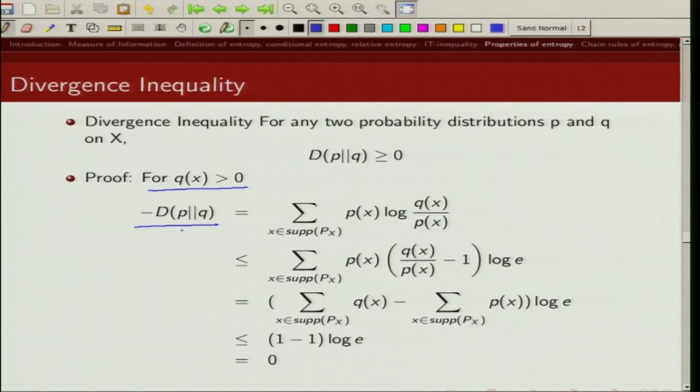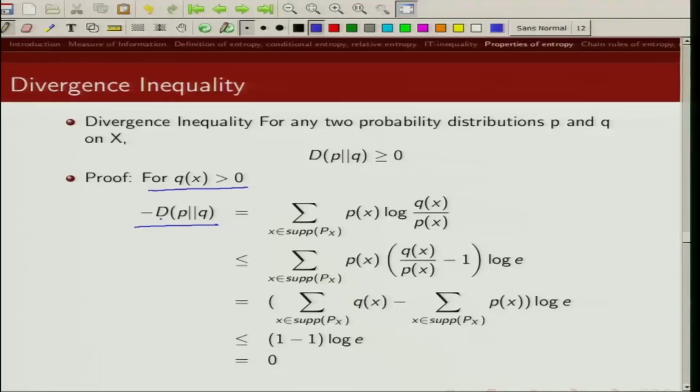From the definition of divergence, I know divergence between p and q is expected value of log of p by q. So minus of that would be expected value of log of q by p. So this is minus of divergence between p and q. Now I will again make use of the IT inequality.